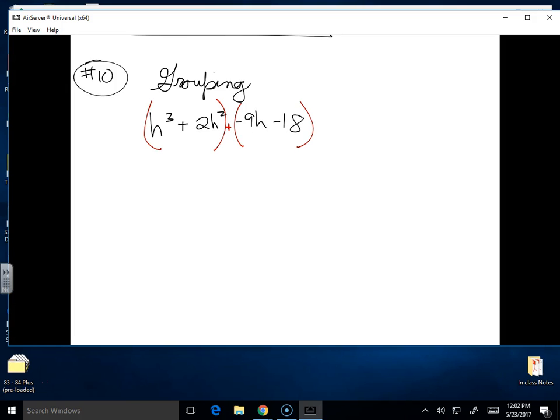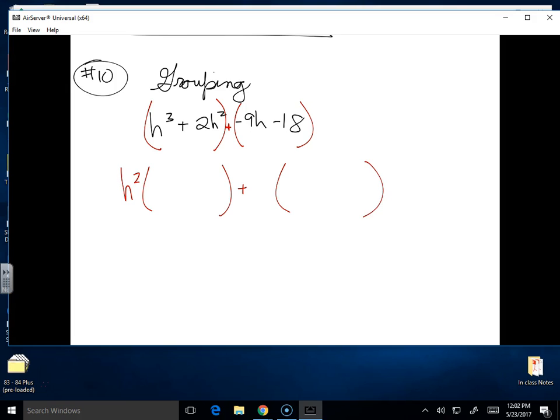Now, we look at the pairs separately and say, is there anything in common in the first 2? H squared. Exactly. Not just h, but h squared. So I'm going to pull out an h squared. What happens to the h?